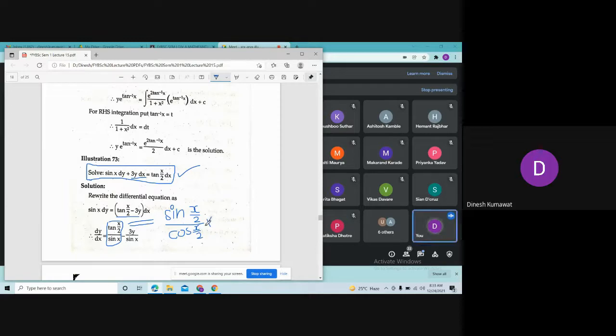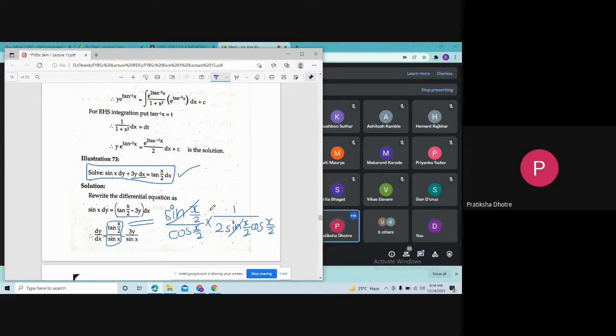Now tell me the half angle formula for sin x. So 2 into sin x by 2 and into cos x by 2. So what gets cancelled? Sin x by 2 gets cancelled. Okay, we are left with what? 1 upon 2 times cos square x by 2.